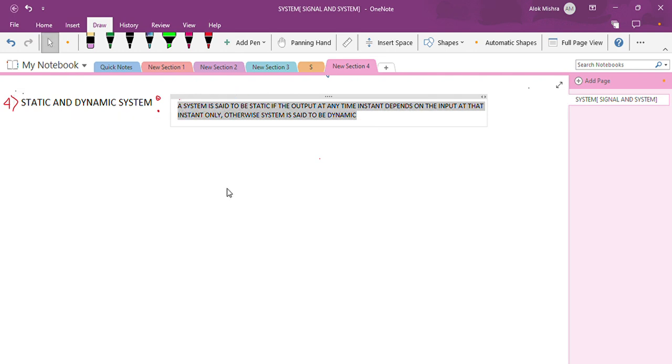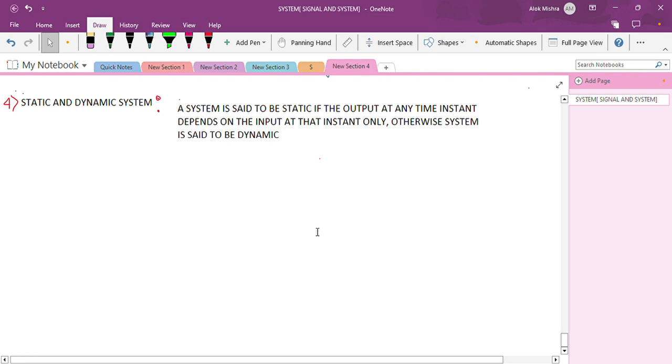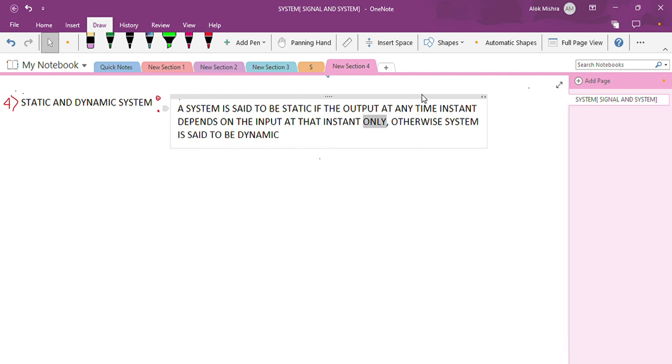You know about causal and non-causal systems, right? In causal and non-causal, every time you have to check whether the output depends on the present value or the past value. But in this static case, you just have to check that the output depends on the present input only, no past, no future.